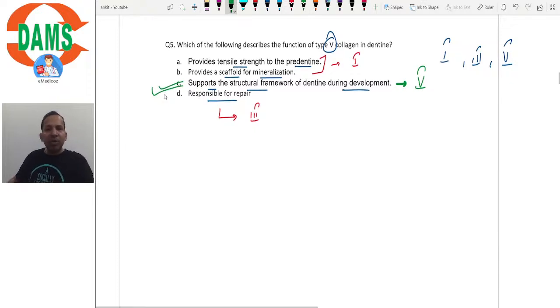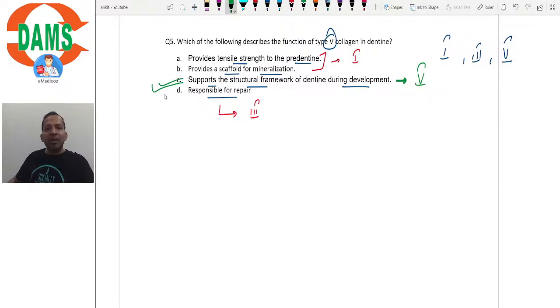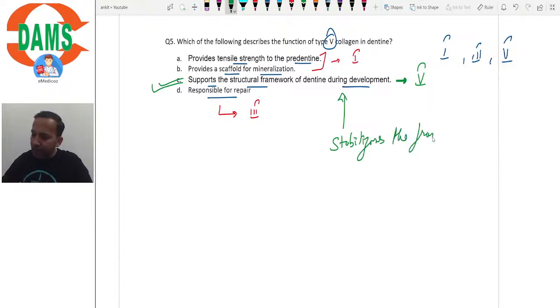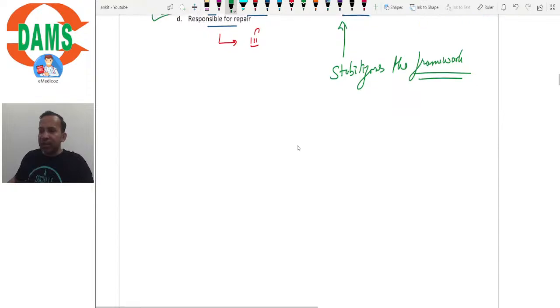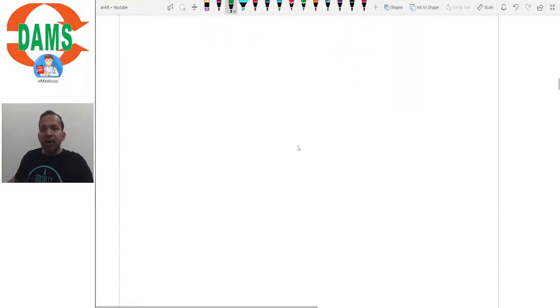Clear? So during development, it stabilizes the framework of type 1 collagen. Very good, Shailesh. So let's go to the next question.